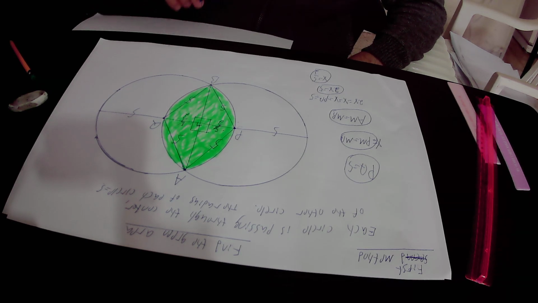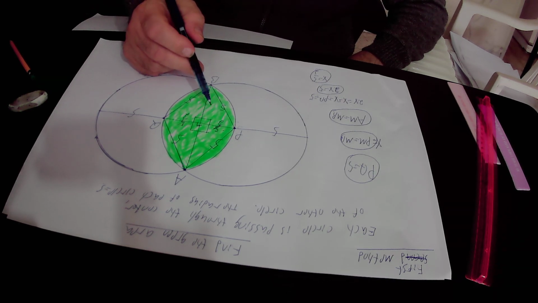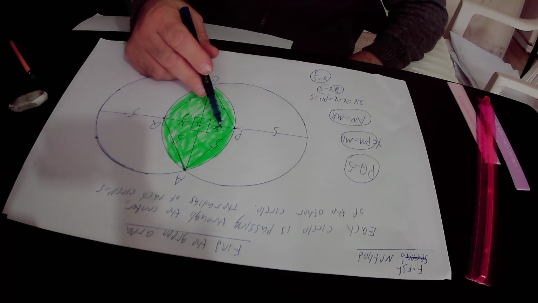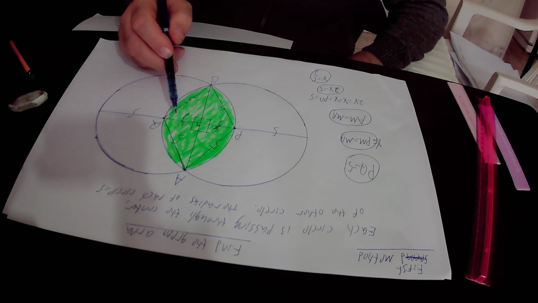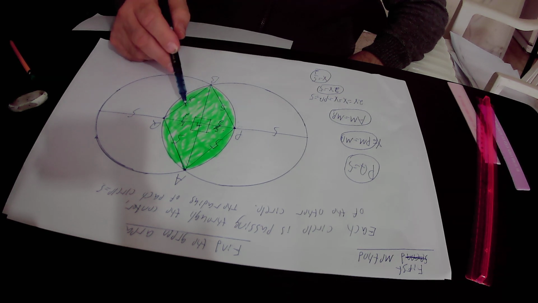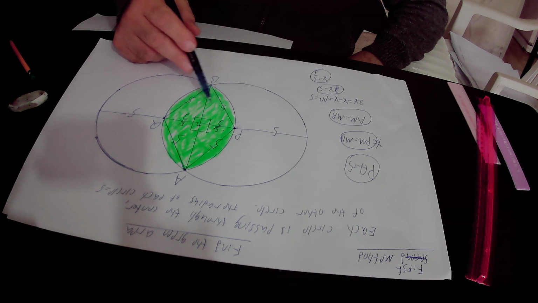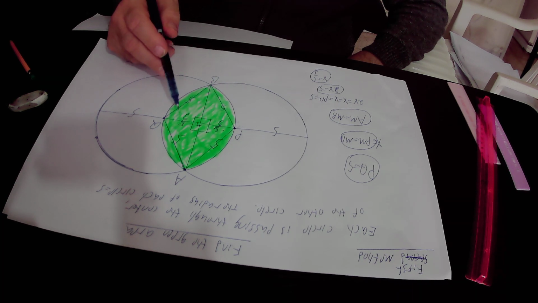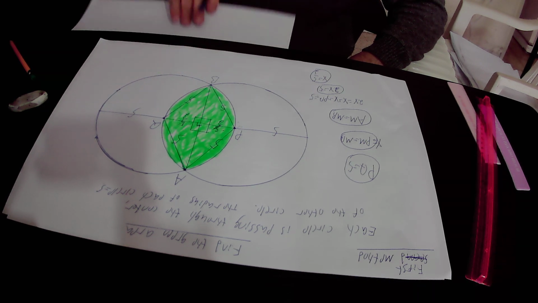The cosine of all the angles here, defined as theta, equals 5 over 2 over 5, here also 5 over 2 over 5, and here also 5 over 2 over 5.